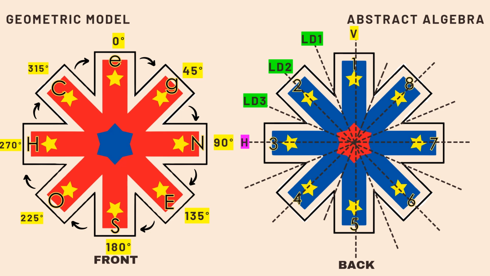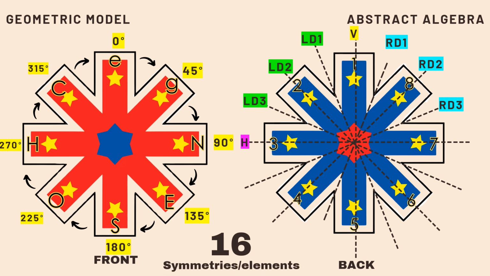Number 5, we have reflection about horizontal axis H. Number 6, we have reflection about right diagonal 3. Number 7, reflection about right diagonal 2. Number 8, reflection about right diagonal 1. So we have a total of 16 symmetries or 16 elements.